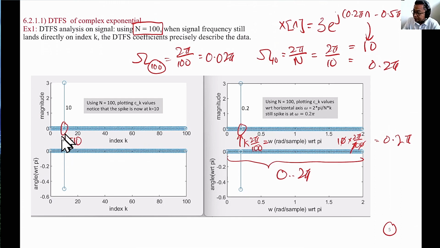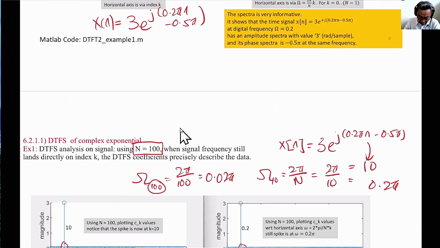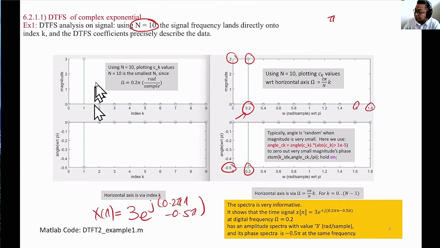What has changed is the k. K is now 10 because we have broken the 0 to 2 pi into 100 pieces. So this is an important thing to note. When we change N from 10 to 100, the number of coefficients goes from 10 coefficients to 100 coefficients.